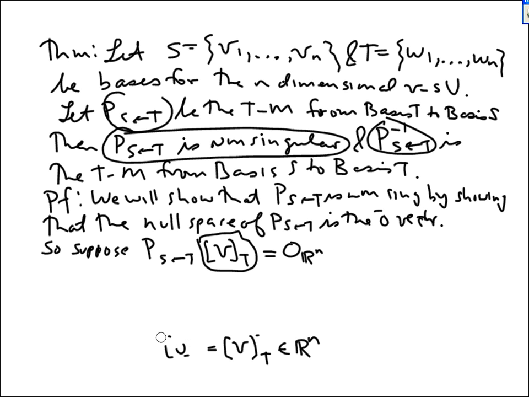Actually, it always equals something like this. It has to be all zeros. That is what I want to show. And let me say for some v.